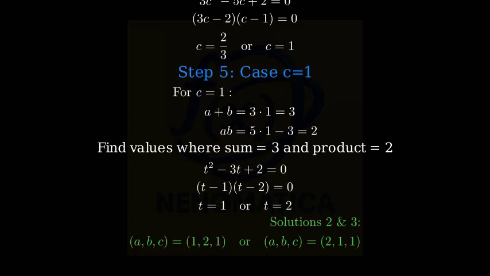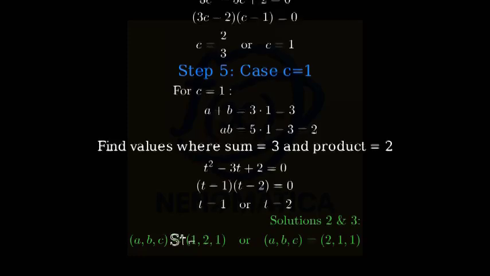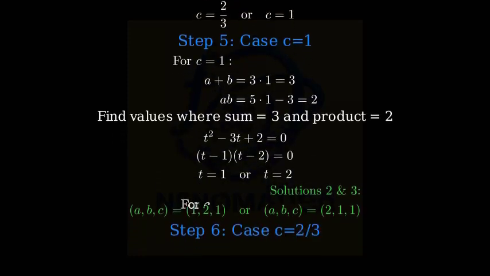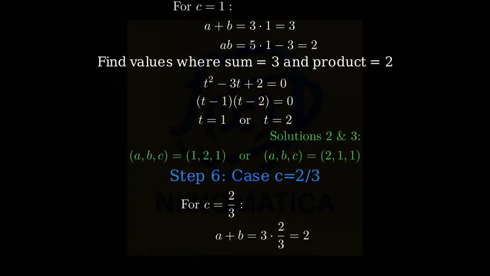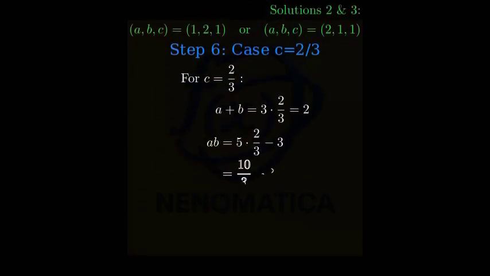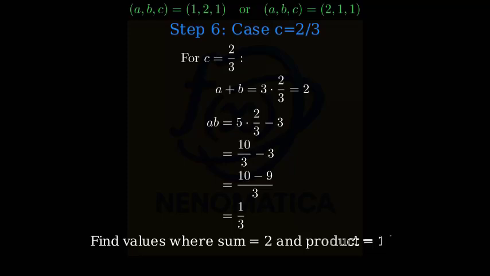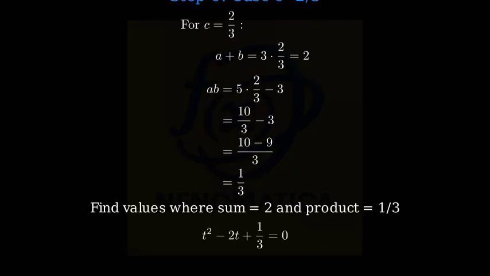Now, let's handle the case where c equals 2/3. When c equals 2/3, we have a plus b equals 3 times 2/3, which equals 2, and ab equals 5 times 2/3 minus 3, which equals 5/3 minus 3, which equals negative 1/3. So we need two numbers that sum to 2 and multiply to negative 1/3. Again, using the quadratic approach, if one number is t, we get t squared minus 2t minus 1/3 equals 0.